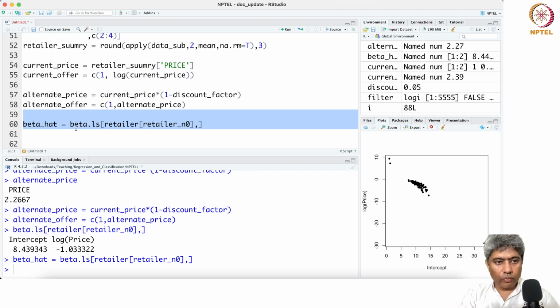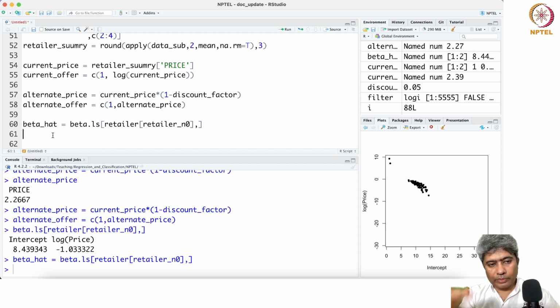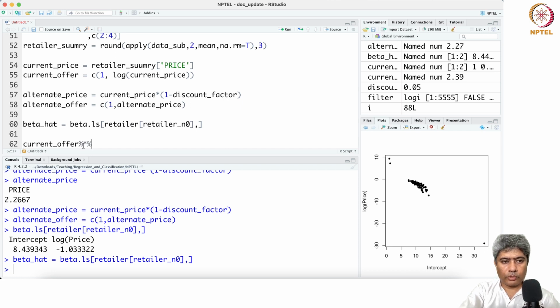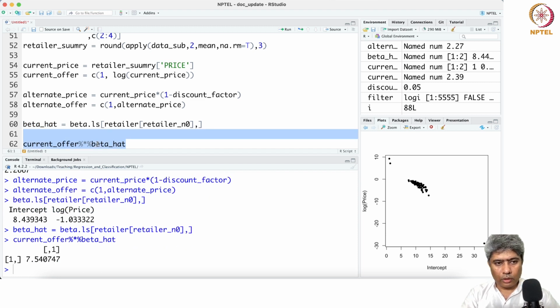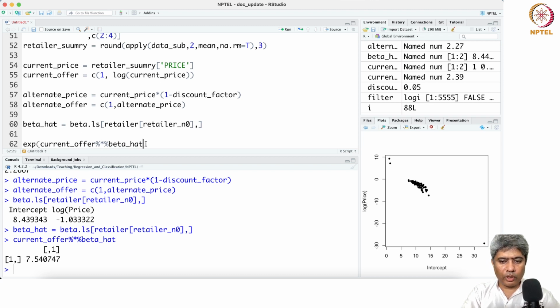Now for this current offer and alternate offer, what would be the expected sales volume? That is clearly current offer percentage star percentage beta hat, and then you have to make it expected, because remember that we are fitting log volume versus log price.